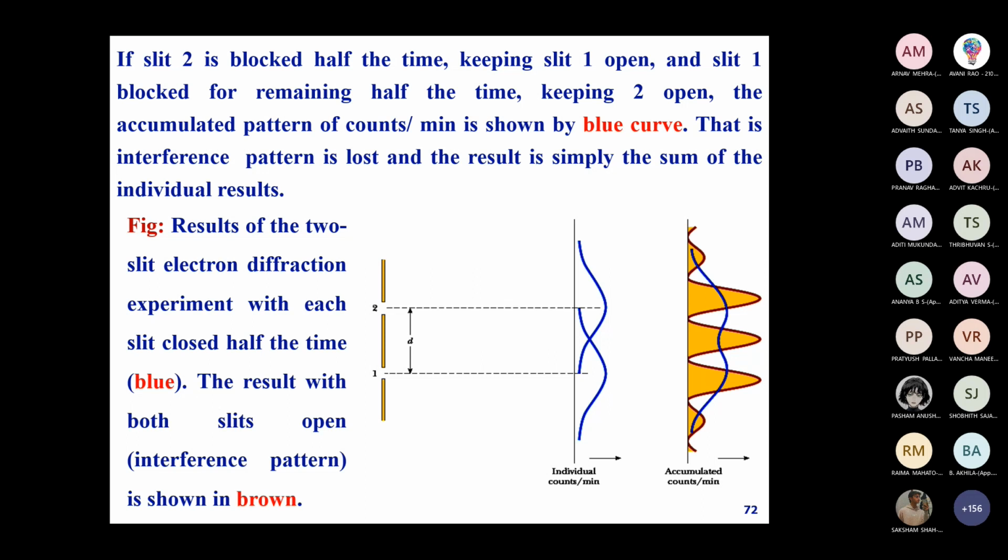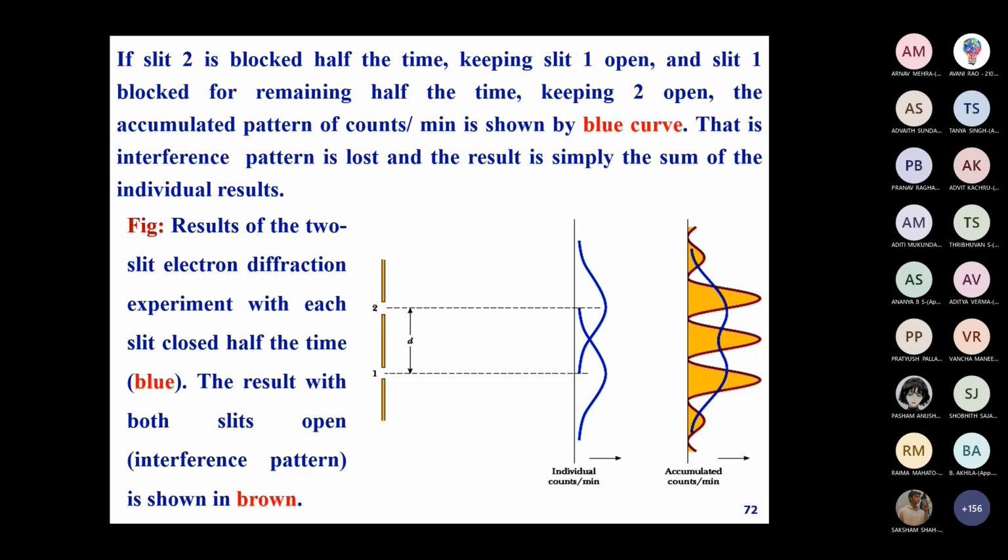You will see the counts observed are in blue color. The pattern produced is not an interference pattern, just two lines, in the sense that two intensities will be produced and the interference pattern will be lost.